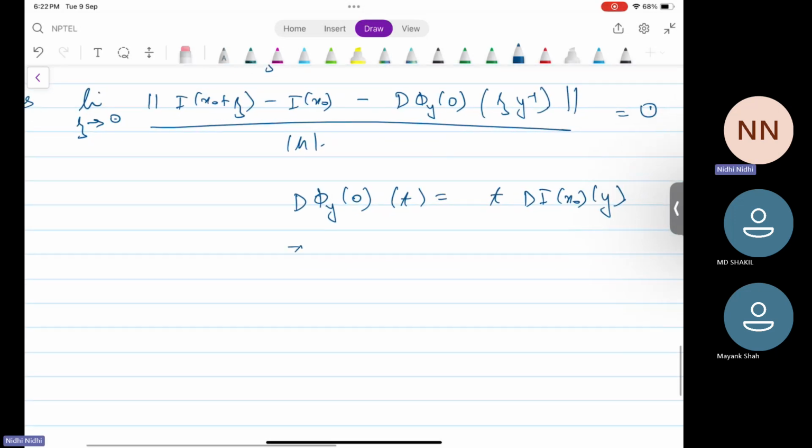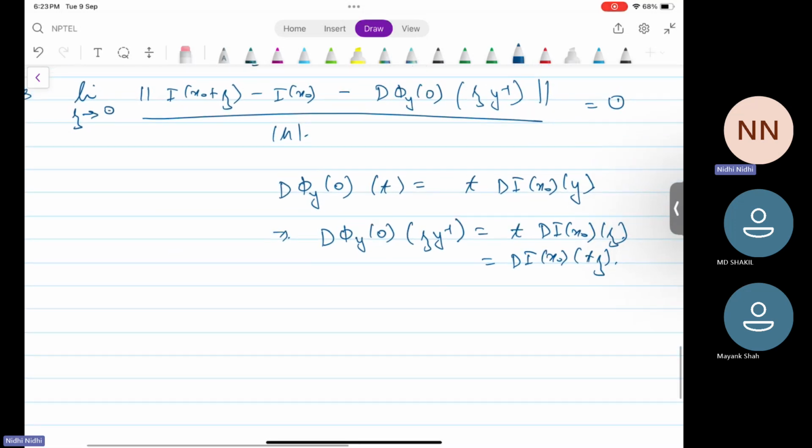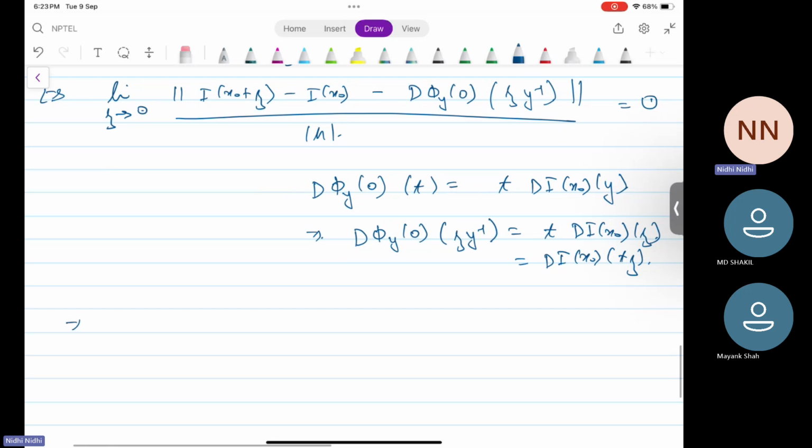So from here we'll get d phi y at z y inverse is nothing but t times dI x naught at z, and since dI is a linear map, this will be dI x naught at tz. So by taking this derivative in this form, we'll eventually get what is required.